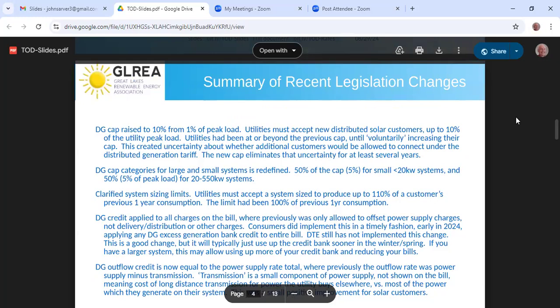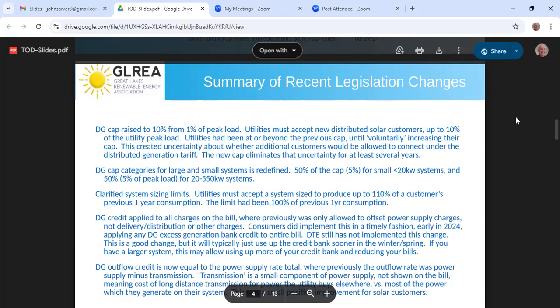So here's a list of some things that have changed with the legislation. There were some energy bills that were passed and signed into law at the end of 2023, and they became effective at the beginning, like February 27th, I think I remember, of this year.